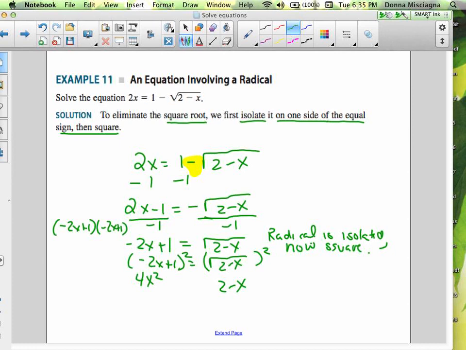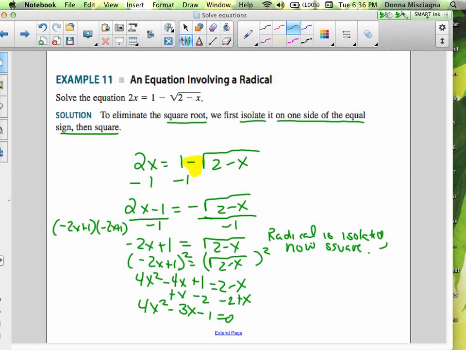And then we have minus 4x plus 1. Let's get everything on one side, so our equation is set equal to 0. So we'll subtract 2 and add x. So that gives us 4x squared minus 3x minus 1 equals 0.